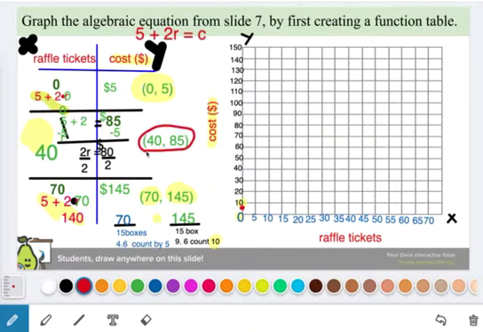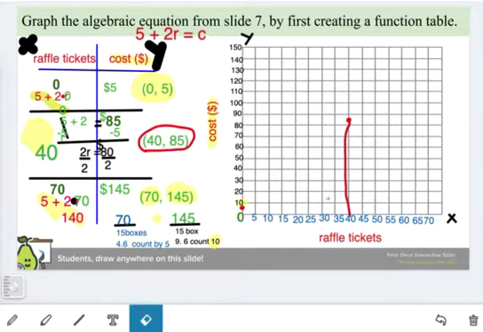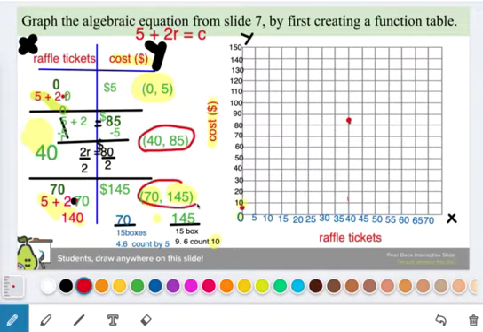40 and 85, 40 go up to 85. Here's 80. Halfway in between is 85 to 90. And then I can use my eraser, erase that. And then the next one is 70, 145. 70, go up to 145. So 70, I'm going up 70.